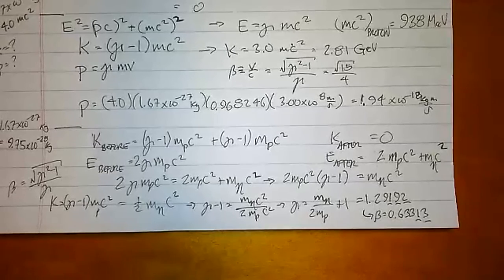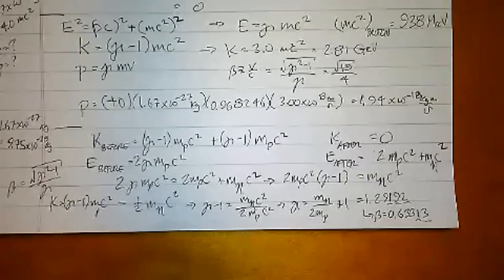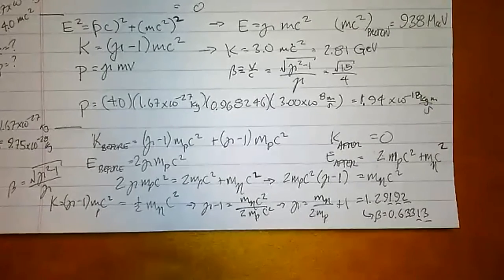So let's see, 9.75 e to the negative 28 times 3 e to the 8 squared. I divide that by 1.602 e to the negative 19 to put it in electron volts. That's 547 MeV. Now divide that by 2. I get 274 MeV.